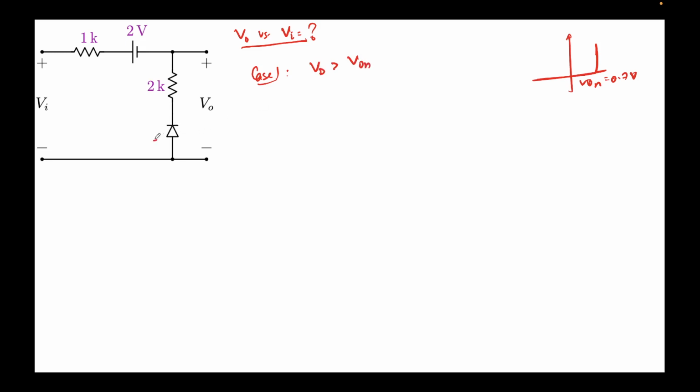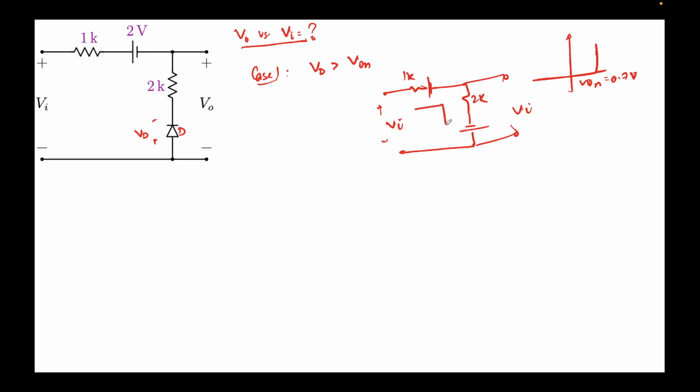So this will be my VD and this is the diode D. When VD is greater than V on, the circuit will look something like this: 2K, and we replace the diode with a battery of 0.7 volts. This will be the notation because the positive terminal is towards the bottom. This is VI and this is our V out.